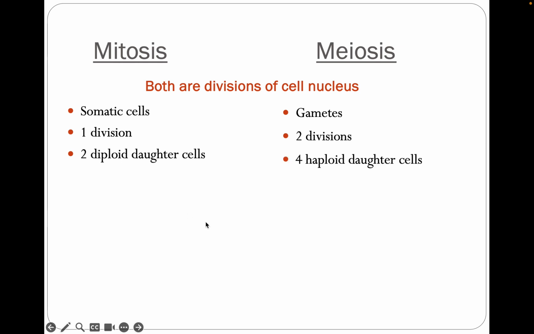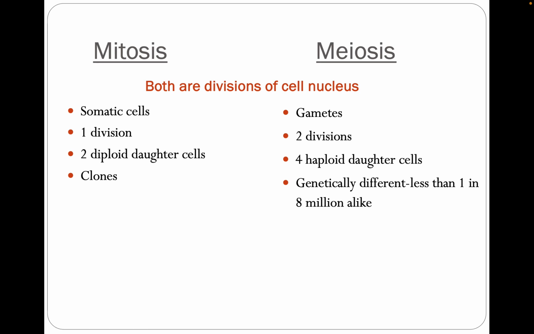Meiosis produces 4 haploid daughter cells. Mitosis produces clones. The daughter cells are genetically identical to the parent. Meiosis produces genetically different gamete cells. So less than 1 in 8 million are exactly alike.